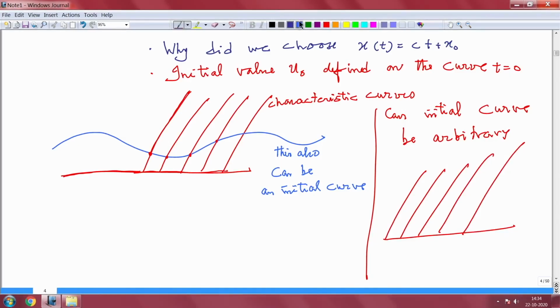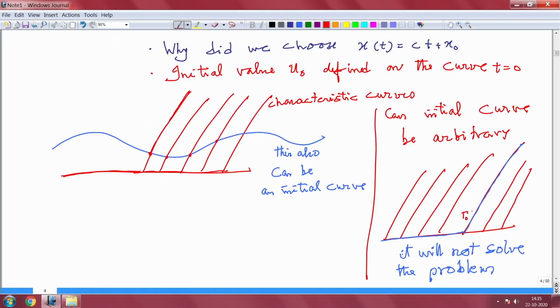Now suppose I choose an initial curve like this. If my initial curve happens to be like this, you see, this is not possible. It will not solve the problem. Why? Because the values on that initial curve cannot be determined by this initial curve gamma naught.